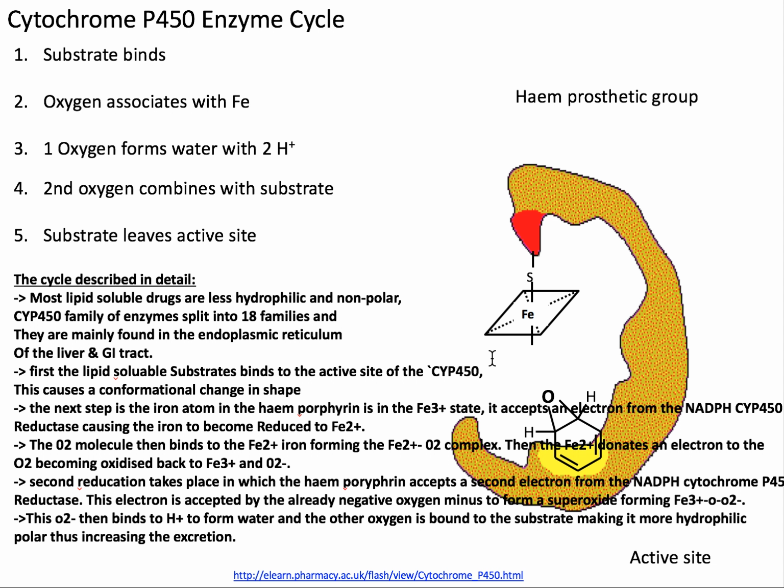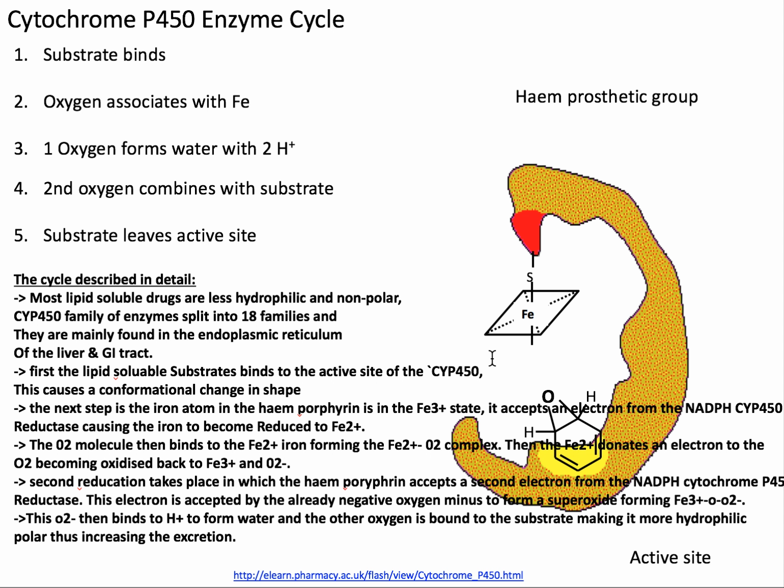It might be accepted by the iron first and then passed on to the oxygen, but we haven't confirmed that. For now, you just need to know that in the second reduction, the oxygen again gains an electron to form a superoxide. So Fe3+ is bound to an O, which is then bound to an O2−.